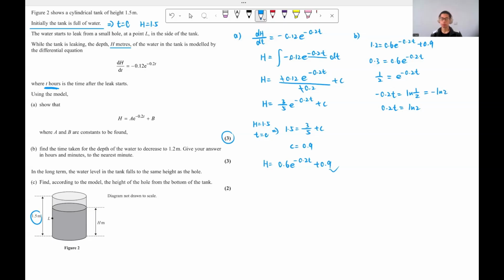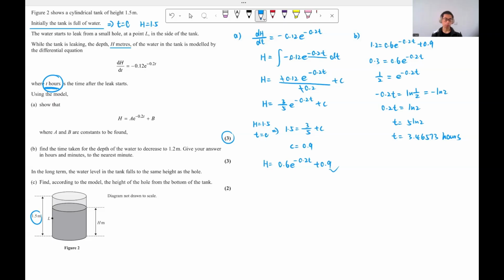So t is just equal to 5 ln 2, because 1 over 0.2 is equal to 5. Put 5 times ln 2 in the calculator, we have t is equal to 3.46573, and then the units would be hours.